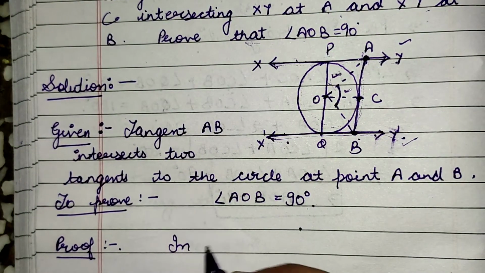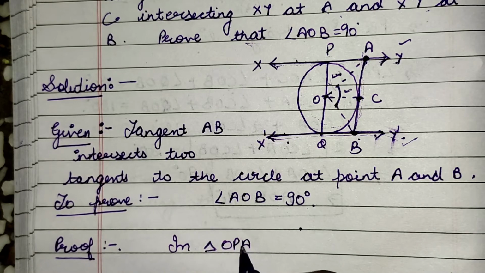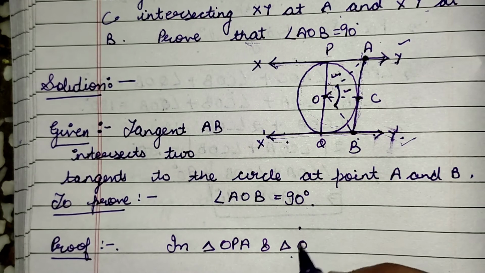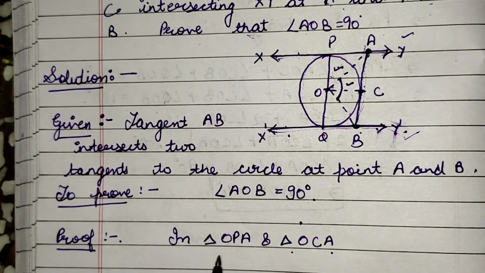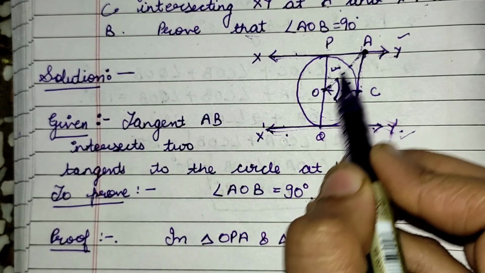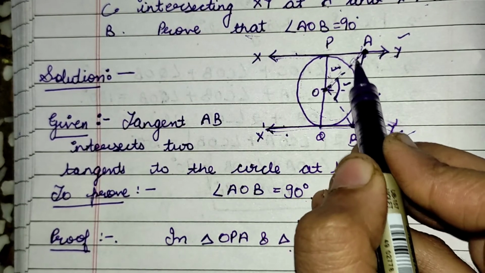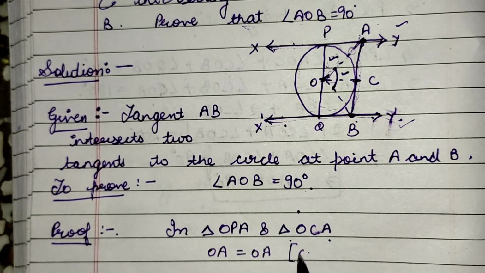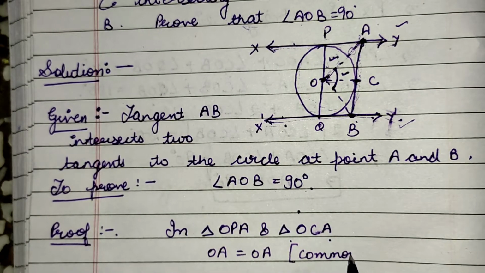In triangle OPA and triangle OCA, you can see that OA is equal to OA. Why? Because it is common.